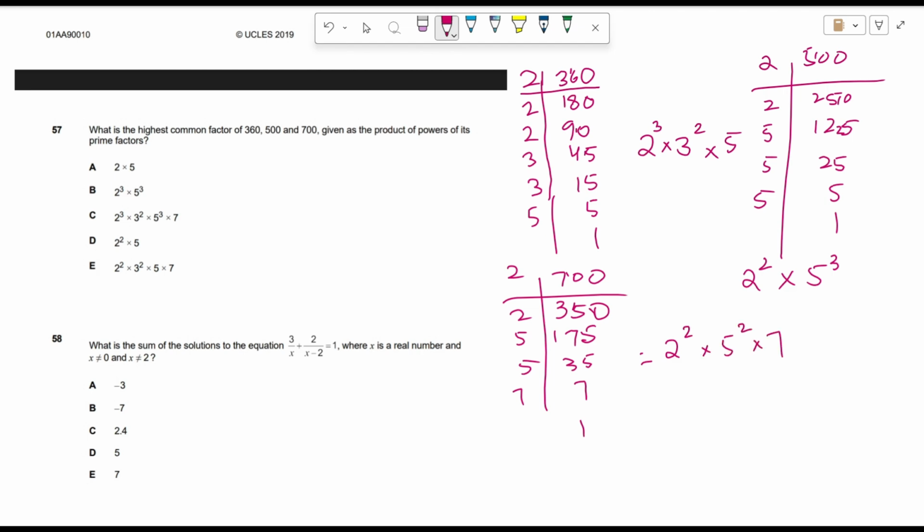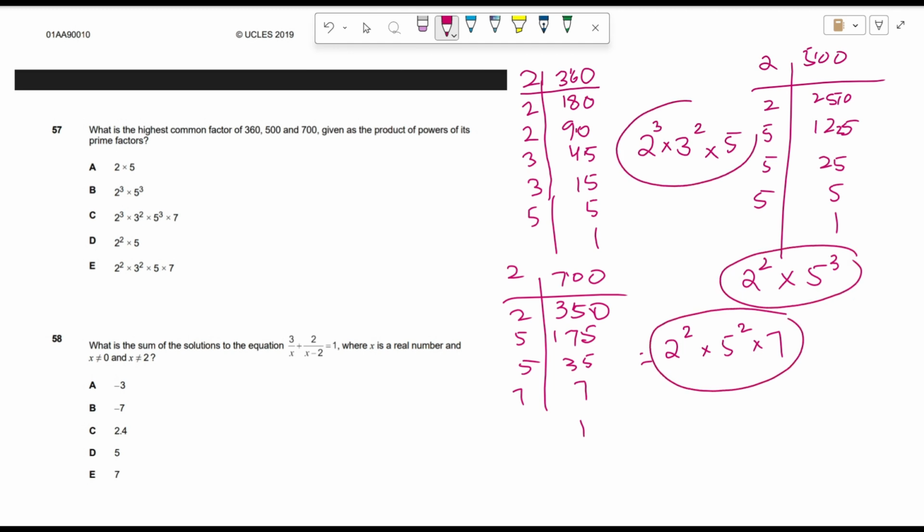Now what is common in these three? What I am saying right away is 2 power 2 is common, right? 2 power 2 is here as well, 2 power 2 is here as well, and 2 power 3 is here, which means it has 2 power 2 also. So 2 power 2 is common. If I see 3 square, 3 is not here, 3 is not here as well, which means we have to avoid 3.